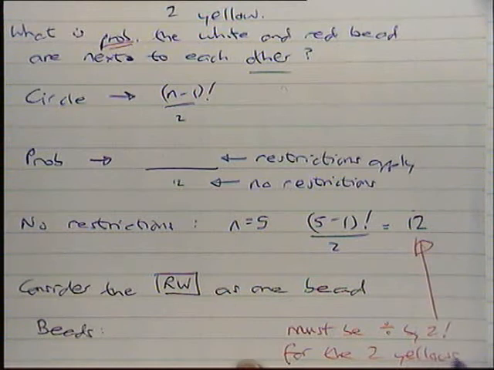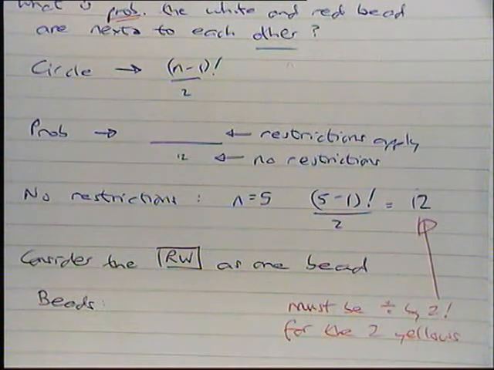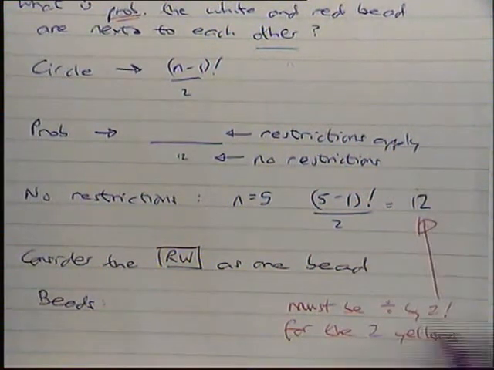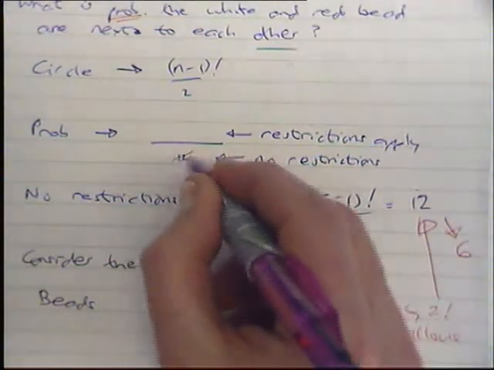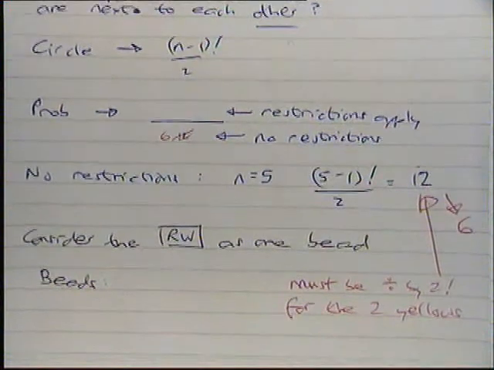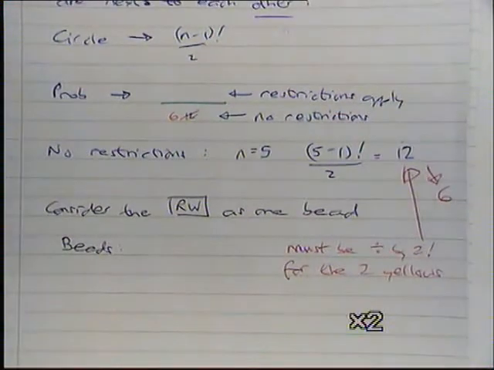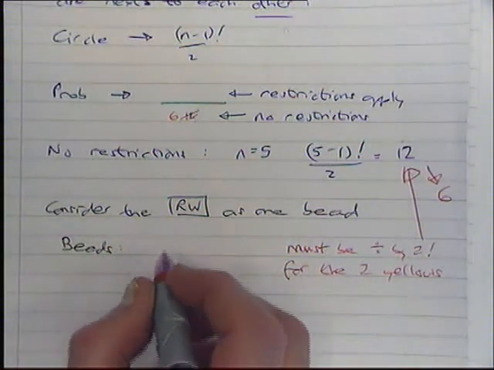Think back to the work we were doing last lesson when people had double letters, or rather repeated letters, in their names, and we had to divide by 2 factorial if there were 2 M's in the name Emma. So that's actually going to give us an answer of 6, not of 12. Didn't spot that as it went through. Right, so the beads we have now on our bracelet: we no longer have a white bead.